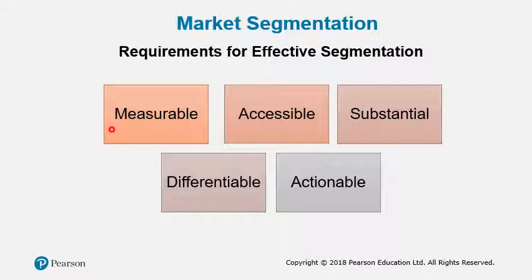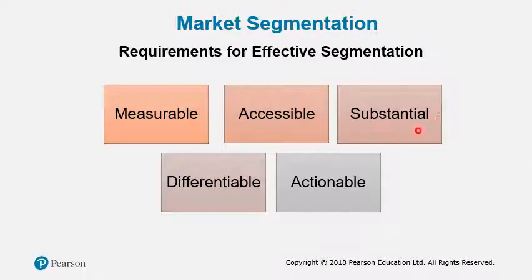Now, when you want to do effective segmentation, you have to make sure that the segment you form must be measurable, in the way that you can identify how big or how small the population of your segment is. Accessibility, that means you can access the market, and the market can also access your marketing mix.